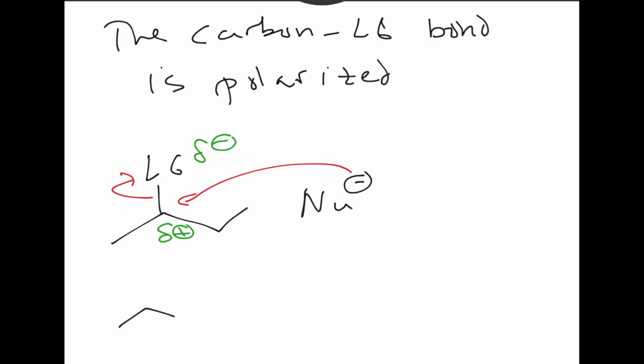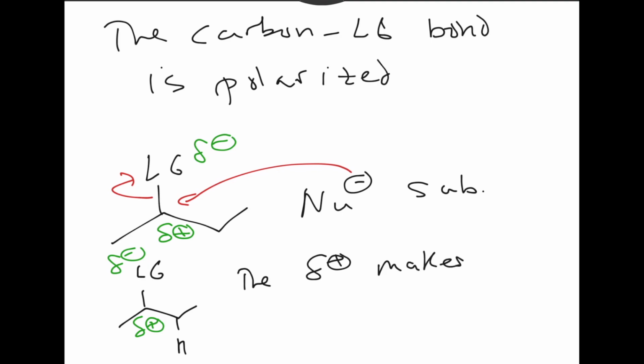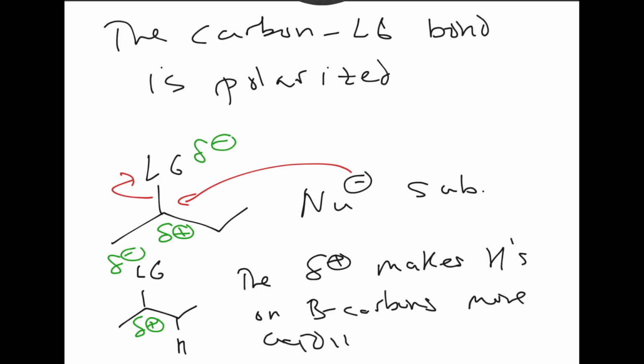Is this important also for elimination? So this is substitution. Having that partial positive charge makes the hydrogens on your beta carbon, so this hydrogen here, more acidic than it would be if that partial positive wasn't there.